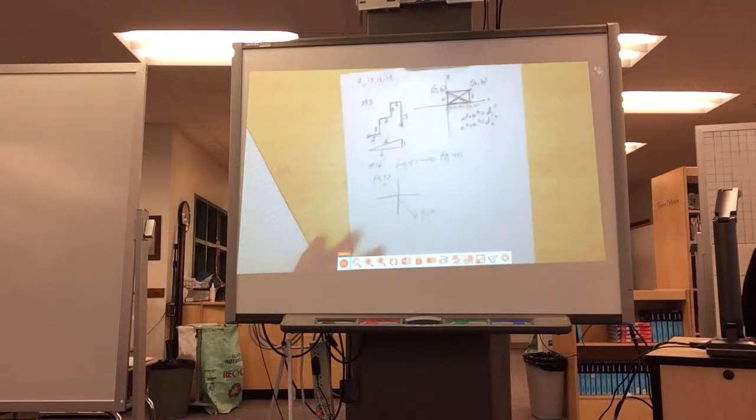Can you see my work? Just tell me if you can't, because I'm not watching myself. So this is much like determining the length of a diagonal or a hypotenuse. So we can use the Pythagorean distance formula and just plug these values in. That will give us the magnitude of the vector.